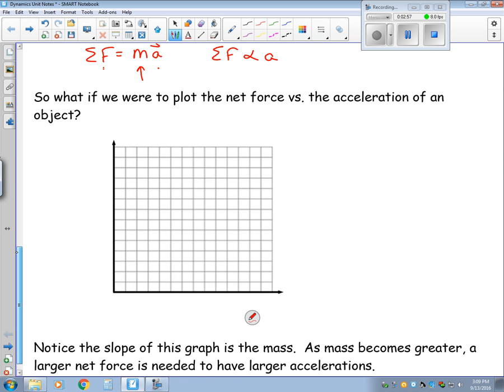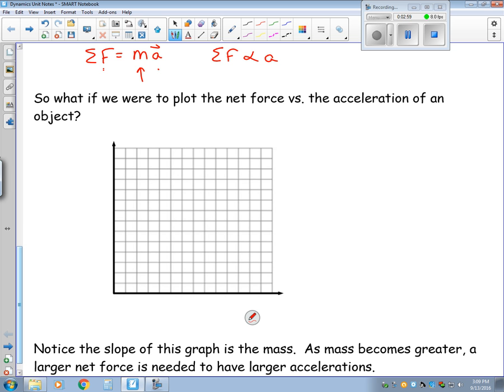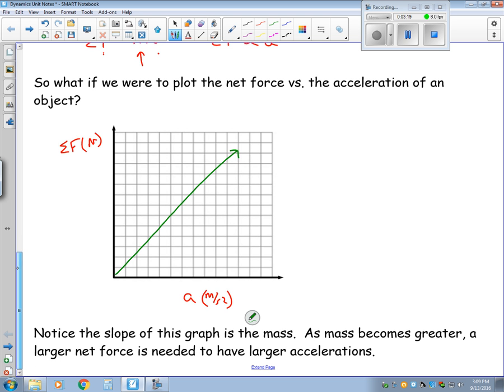So if we were to make a plot of net force measured in newtons with respect to how much acceleration the object experiences, what we would observe is a linear relationship. So looking at this, slope and area are two important things.